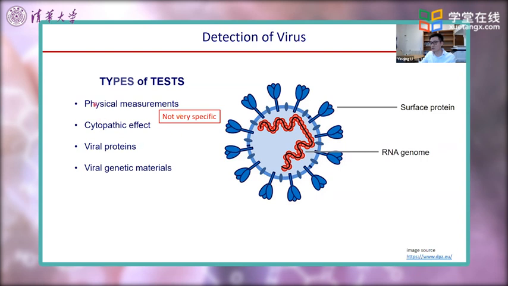So these two methods are not going to tell us which is a resistant strain and which is not. They certainly won't tell us about a new virus strain either. So we need a different method. The first one we're going to talk about, based on molecular detection, is through the detection of viral proteins.